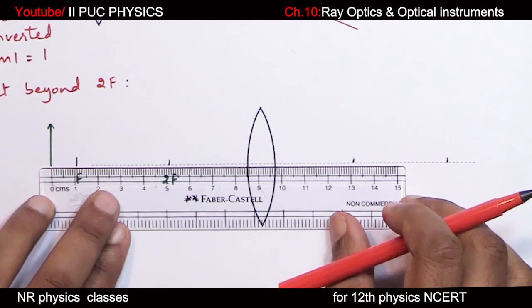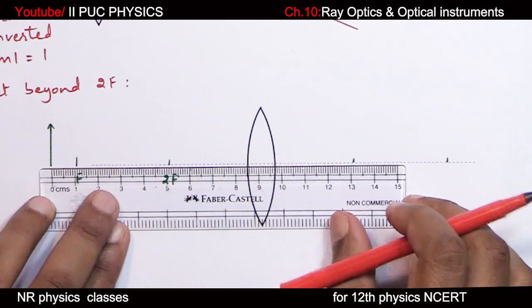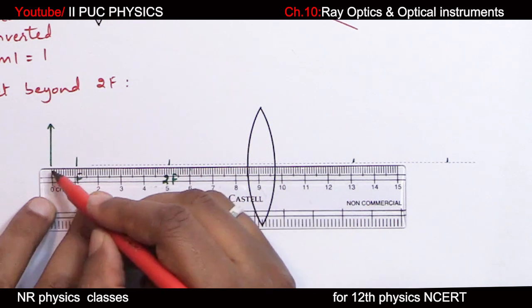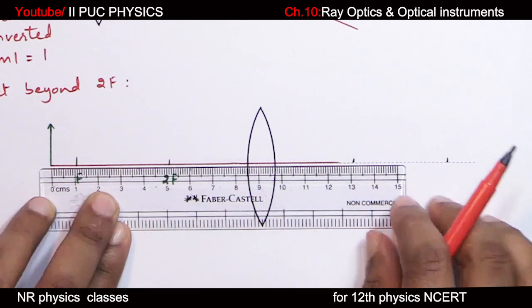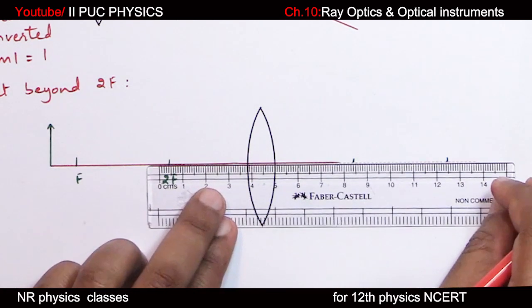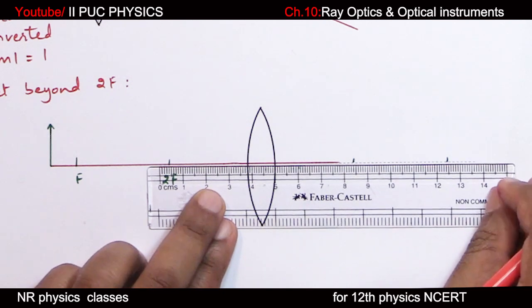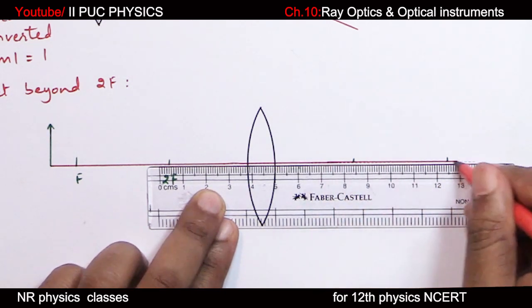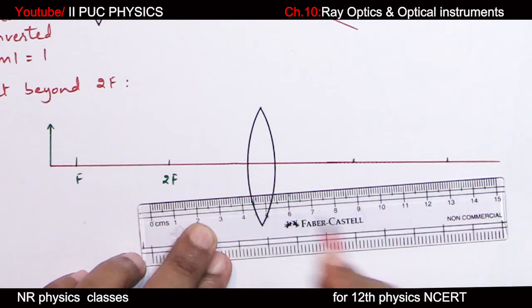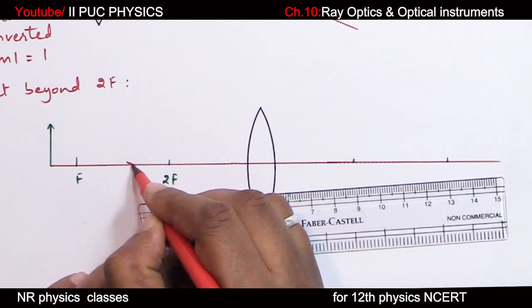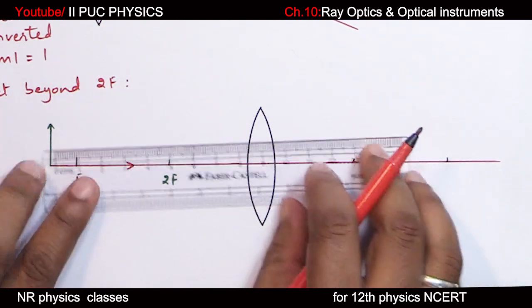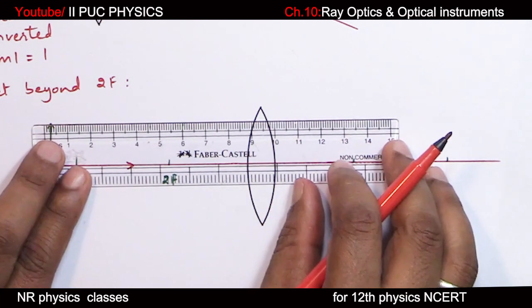A ray from the foot of the object and along the principal axis travels straight. Another ray parallel to the principal axis.